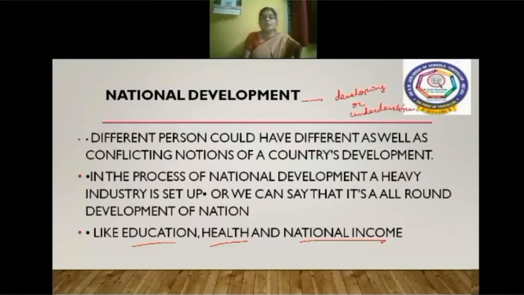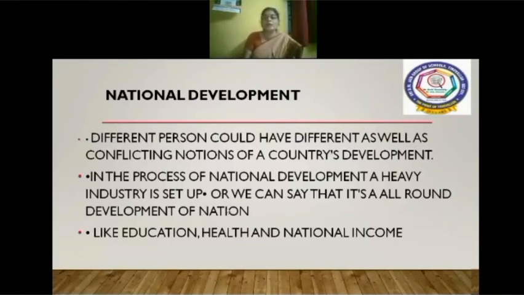We usually compare the developing countries with the developed countries to have a benchmark scale to know how far the country is going to develop in a certain manner so that it can attain the position. So it is compared.